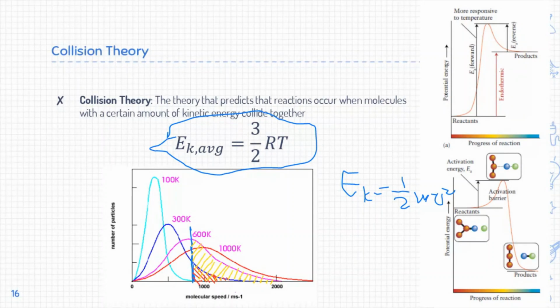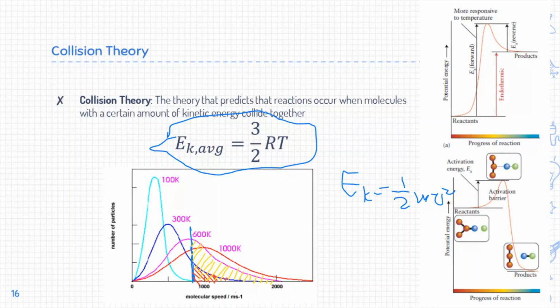Molecules that don't have enough energy are just going to be repelled because of the repulsion. But for those that do have enough kinetic energy to overcome the increase in potential energy, basically, these shaded regions are those molecules that can overcome the potential energy barriers and react into products. You know, this can be applied to not just gases, but basically everywhere.